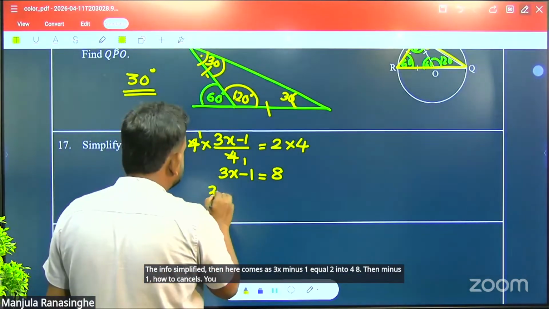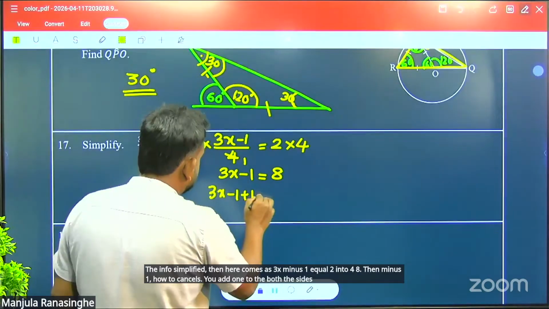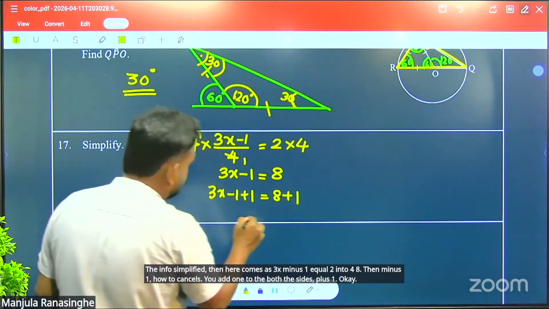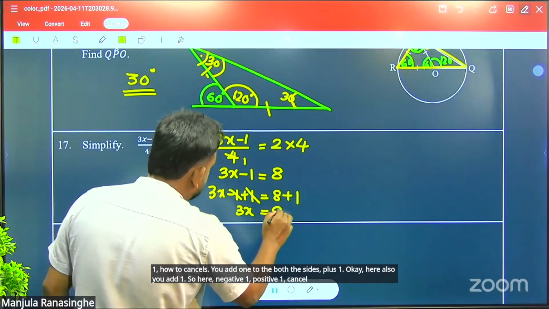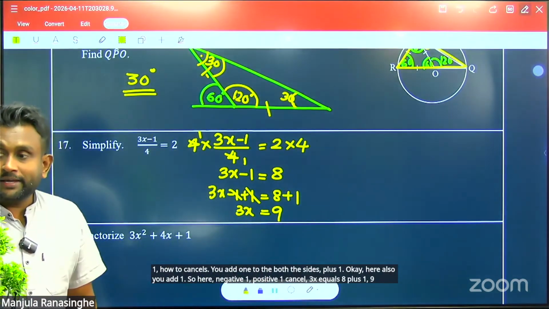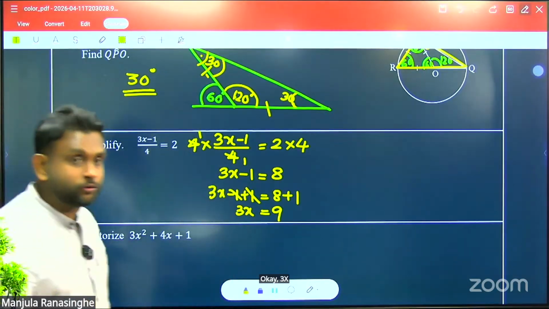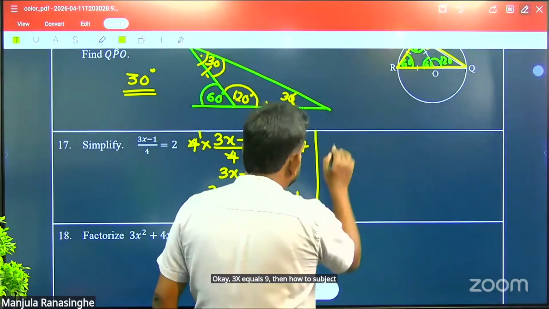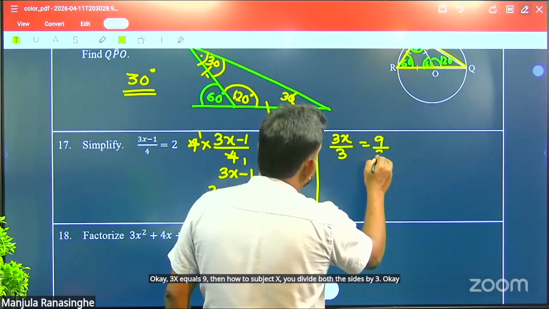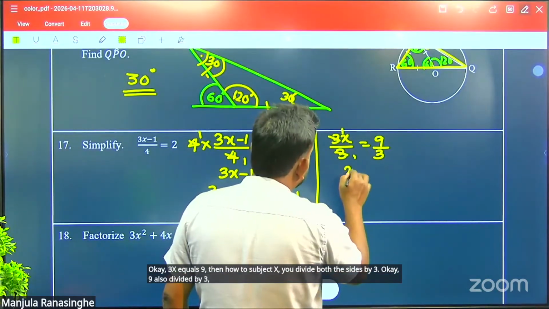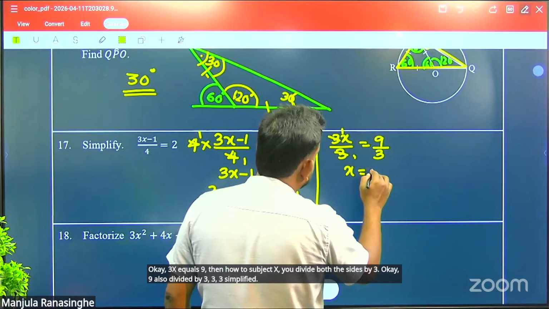You add 1 to both sides. Here negative 1 and positive 1 cancel. 3x equals 8 plus 1, which is 9. So 3x equals 9. Then how to make x the subject? You divide both sides by 3. 9 divided by 3, 3 is simplified. x equals 9 divided by 3, which is 3.